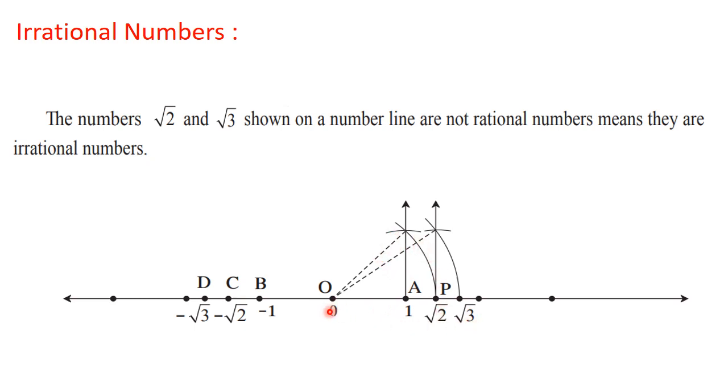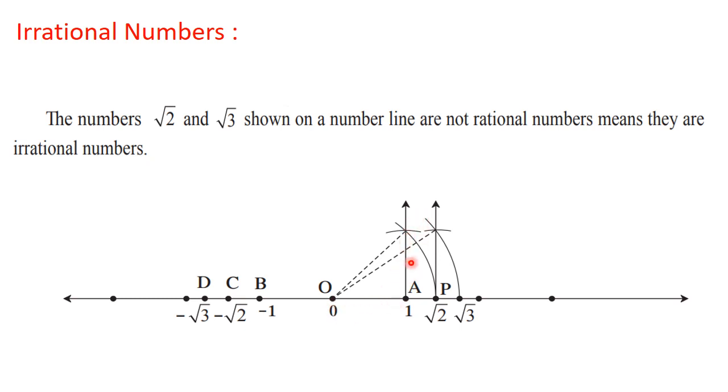So see, from here O to A the distance is 1 unit. And at the same distance from here the arc is drawn. You can see this arc. That means if OA is 1 unit, suppose this is point B here, no, not B, take any other point, say X. So here AX is also 1 unit.